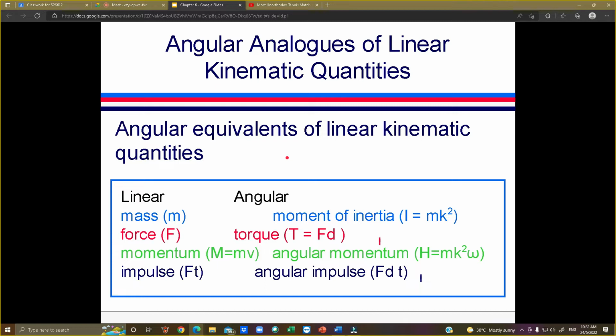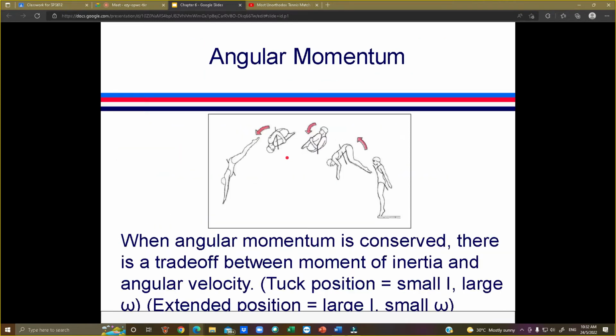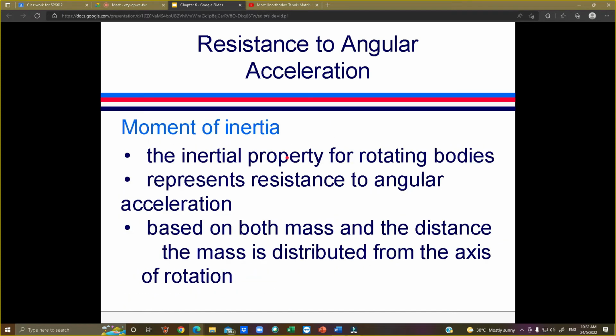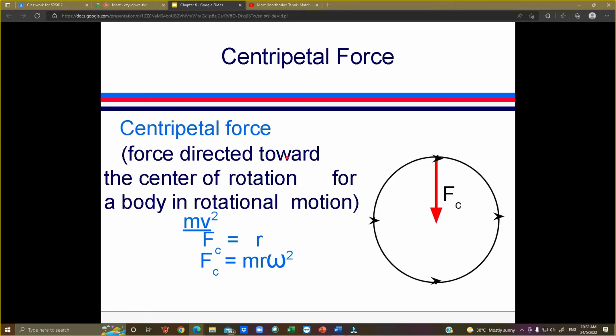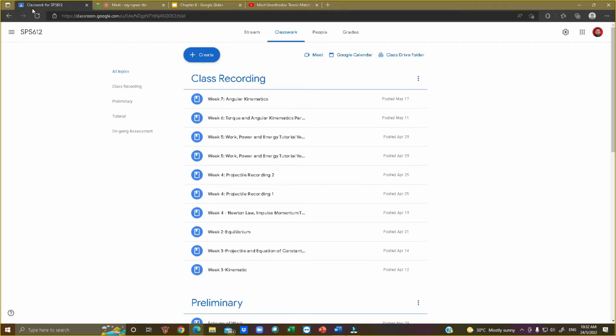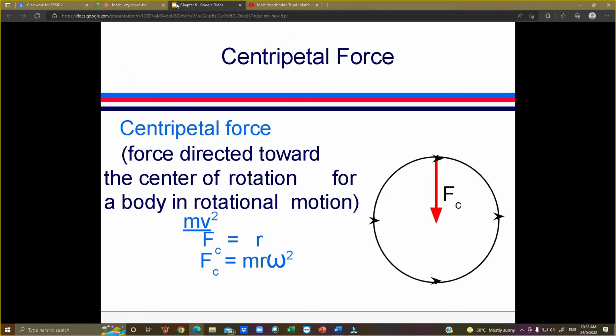Now let's go back and let's see the properties of angular one by one. Okay, so we are going to start with centripetal force. Okay, what is centripetal force? Centripetal force is actually a linear force. Ingat balik masa kita belajar angular acceleration. Do we have covered that one? Angular, yes, angular kinematics. Angular acceleration. Okay, sorry.